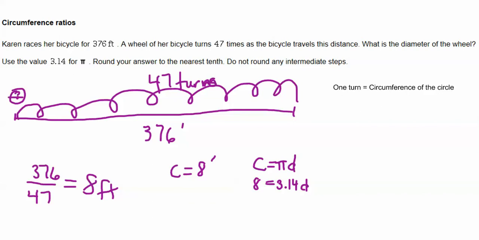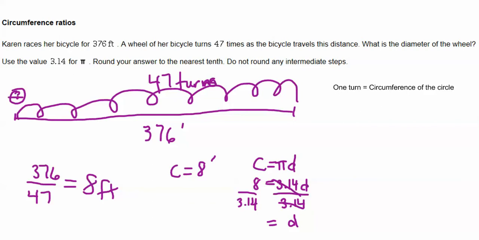They're telling us to multiply d times 3.14. So to get d by itself, we're going to do the inverse, or the opposite, which is to divide. Inverse of multiply is divide. So we're going to divide the same thing on both sides to keep the equal sign true. Multiplying and dividing on this side cancel each other out, leaving us with just d, which is great news because that's what we're solving for.